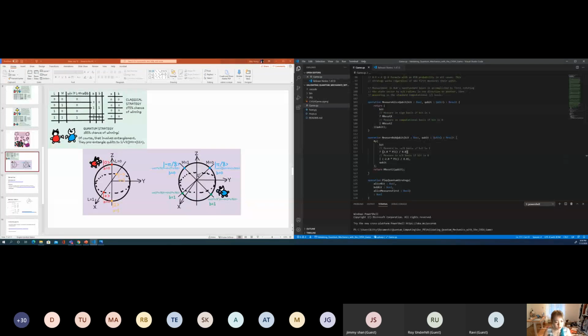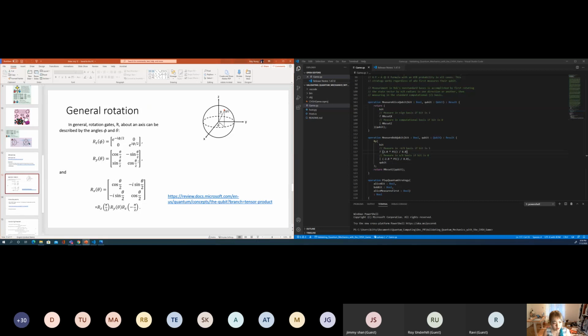So remember, we talked about the RY rotation matrix: for any arbitrary point on the Bloch sphere, you can change the angles. Here we're just trying to change theta, and we're trying to put it at 45 degrees. We see that theta over 2 is the angle that you want to get. So you have to multiply by 2, pi over 8, because pi over 8 itself is 22.5, so you multiply by 2 to get 45.